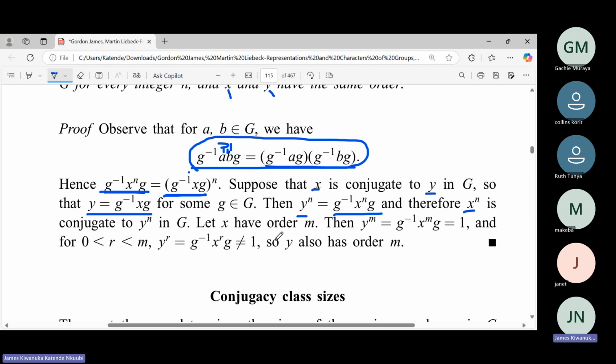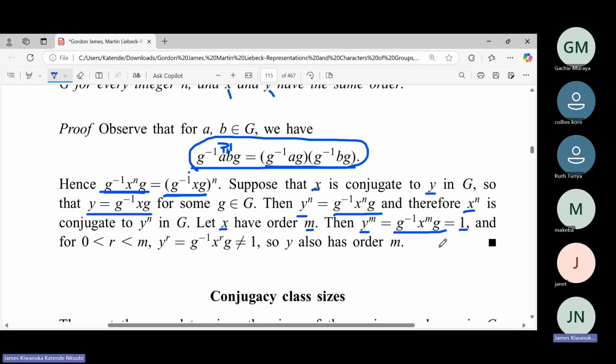The last thing is to show that the two have the same order. So if we know the order of x is m, then y raised to m can be written in this form. But since the order of x is m, this element in the middle will be the identity. And therefore, the whole thing collapses and becomes the identity.